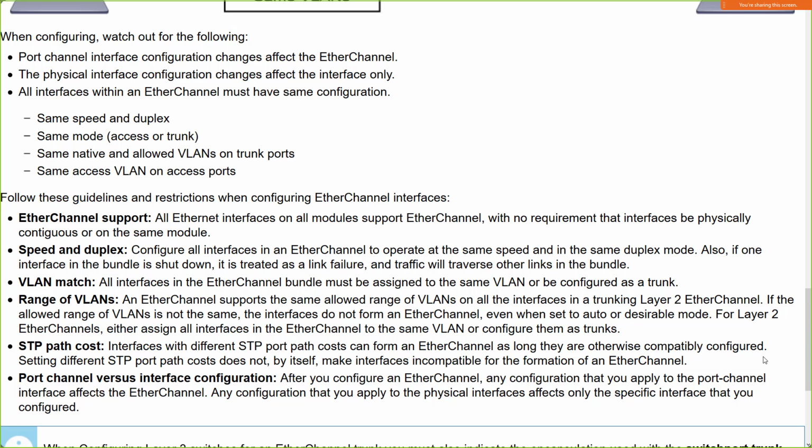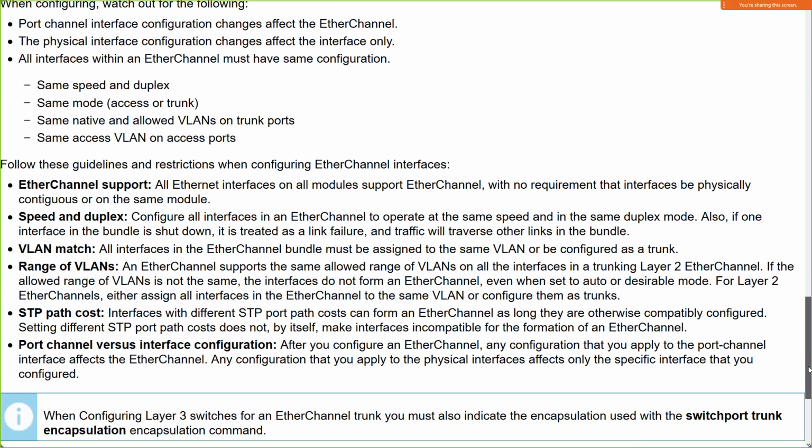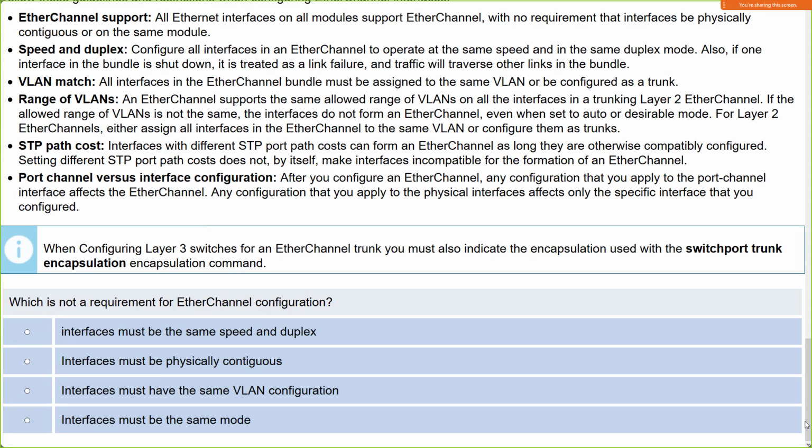All right. And then lastly, do I do a port channel configuration or do I do a physical interface configuration? If it's logical stuff, like what VLAN does the port belong to, or is it a trunk, what VLANs are allowed across the trunk, what trunking encapsulation method am I using?